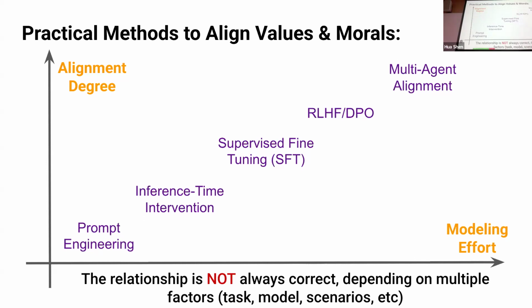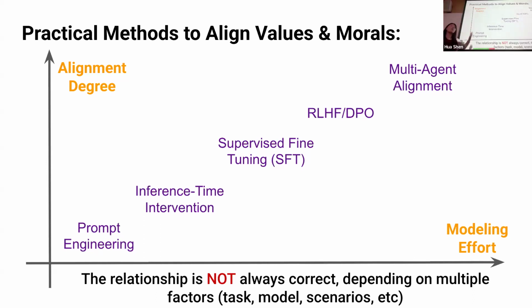And prompt engineering is of course the easiest one. You just need to chat with the LM or design some prompt ways to elicit. And multi-agent or RLHF lies commonly in the most difficult one, where we would have some examples for your reference as well. And the y-axis is about alignment degree.